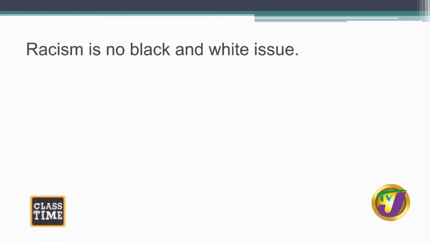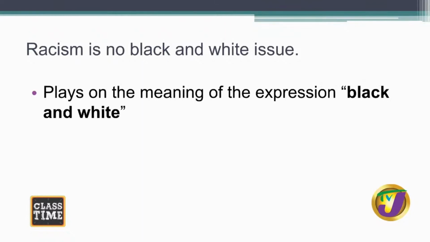So let's look at some examples now. So racism is no black and white issue. Where is the play on words here? Racism is no black and white issue. So it's playing on the expression black and white. We know black and white to mean something that is straightforward.